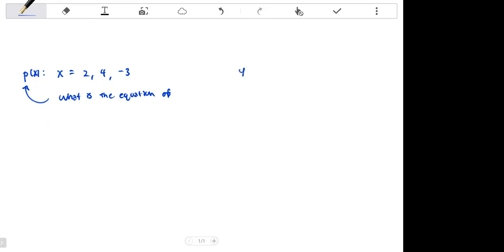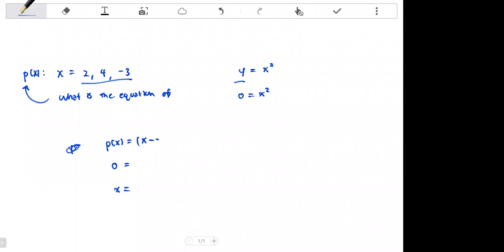Remember when we did this, you set y equal to 0 to find the solution. So our equation is going to be p of x equals something, and we're going to set p of x equal to 0. And when we do, we should get these three solutions. Well, what you do is you write them in the factored form.